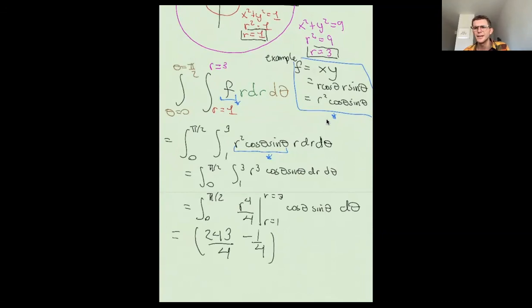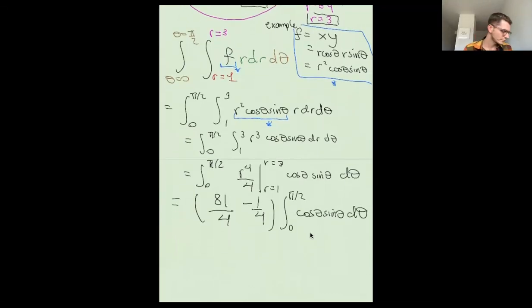Oh no, it's 81, right? It's 3, 9, 27, and then 81. Good, so it wasn't that bad. And then you have to do the integral from 0 to pi over 2 of cosine of theta, sine of theta, d theta. I don't know if anyone remembers how to do this integral from Calc 1.